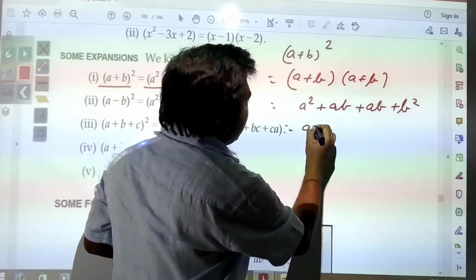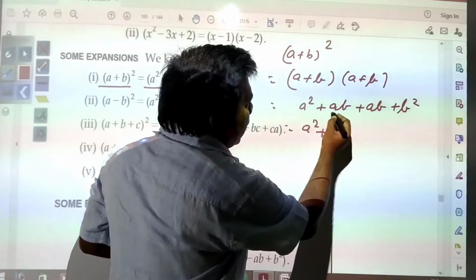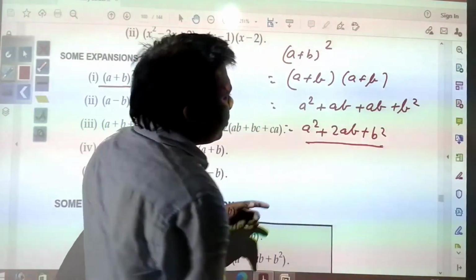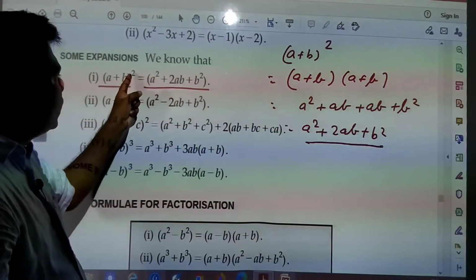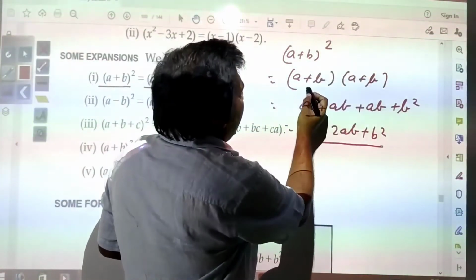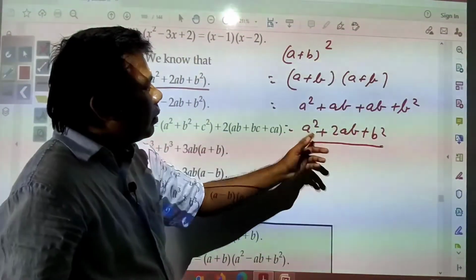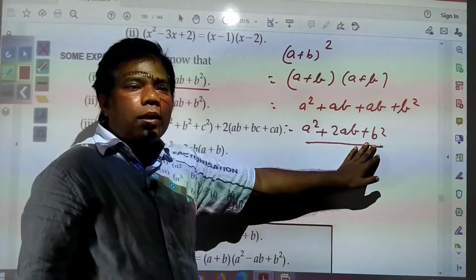It means a² + 2ab + b². You got the formula? (a + b)² could be written as (a + b)(a + b), and if you multiply you will get the formula a² + 2ab + b².